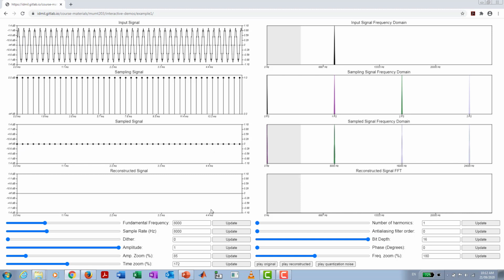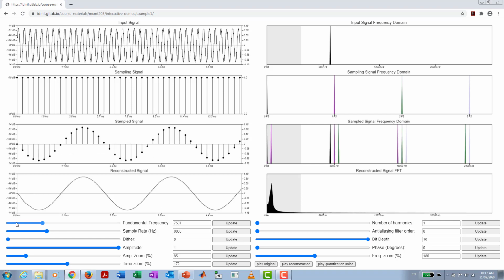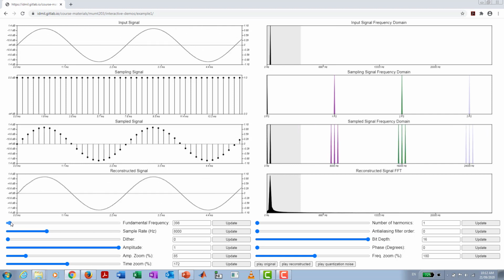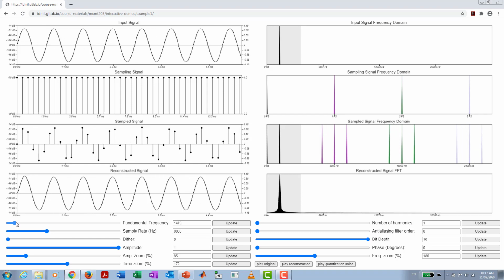So again, if I sample a signal with exactly the same frequency as the sampling frequency, basically I get 0. So look again, going back to 0 here, my input signal. My sampling rate is constant, and I'm increasing the input signal. The output increases proportionally.